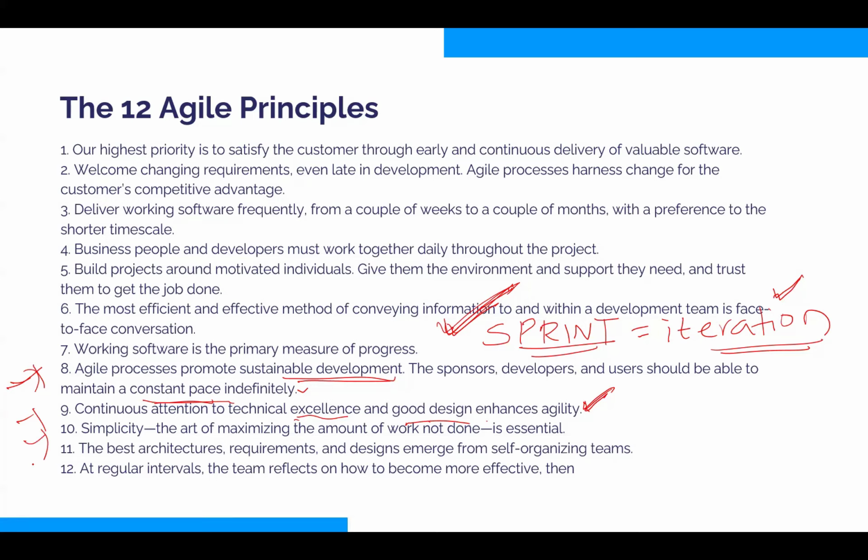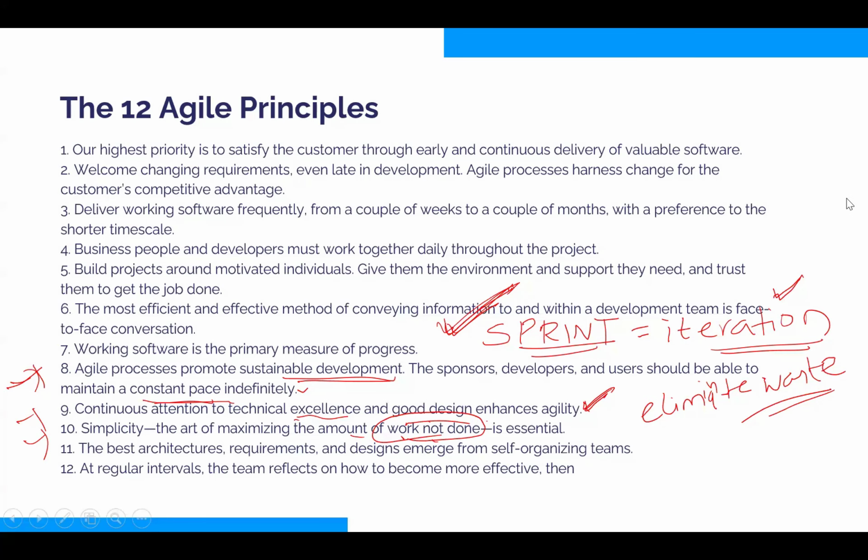Number 10, simplicity, the art of maximizing the amount of work not done. This principle could mean two things actually. One is eliminate waste. Eliminate waste from your process. Agile believes in simple processes, not lengthy, bureaucratic, unnecessary processes. That doesn't gel with Agile.